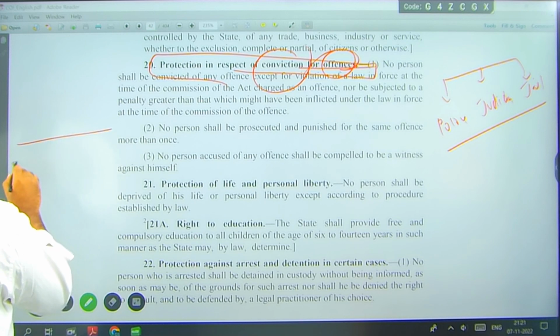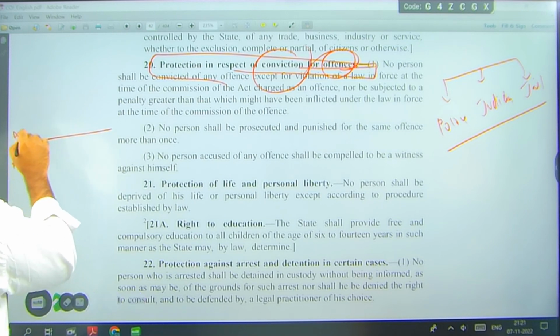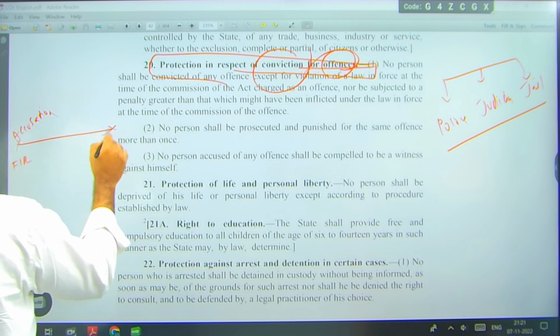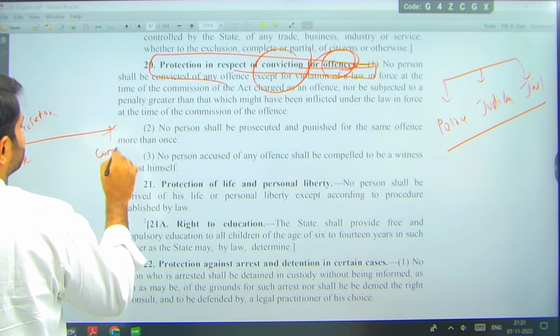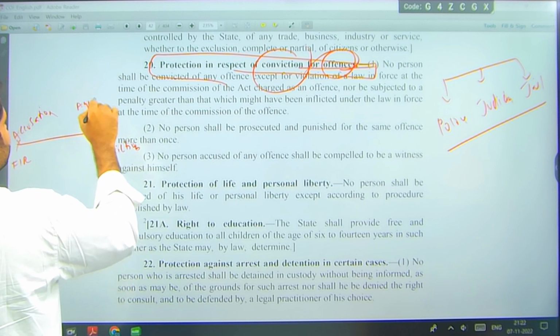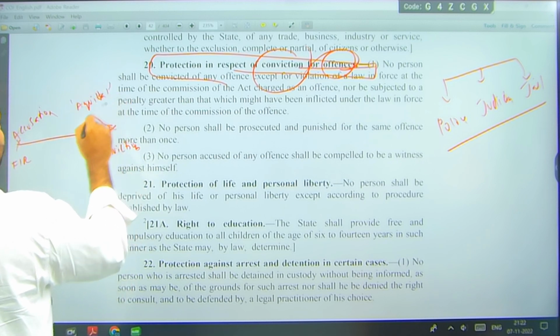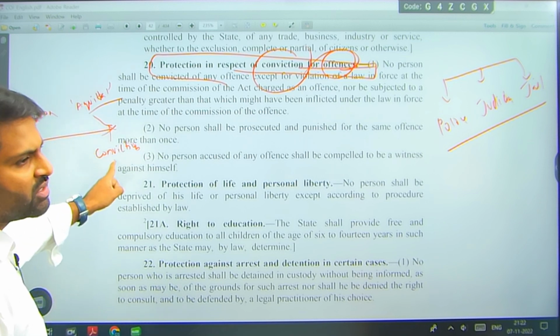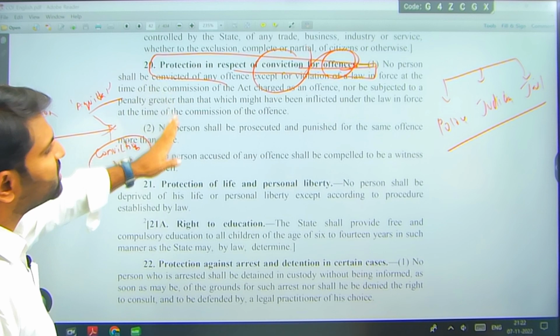When you file an FIR, that is called accusation. You are accused. When you are getting the punishment, that is called conviction. If you are not getting punishment, that is called acquittal. If you are released from the case, that is called acquittal. From accusation to conviction, you have some protections against the conviction.